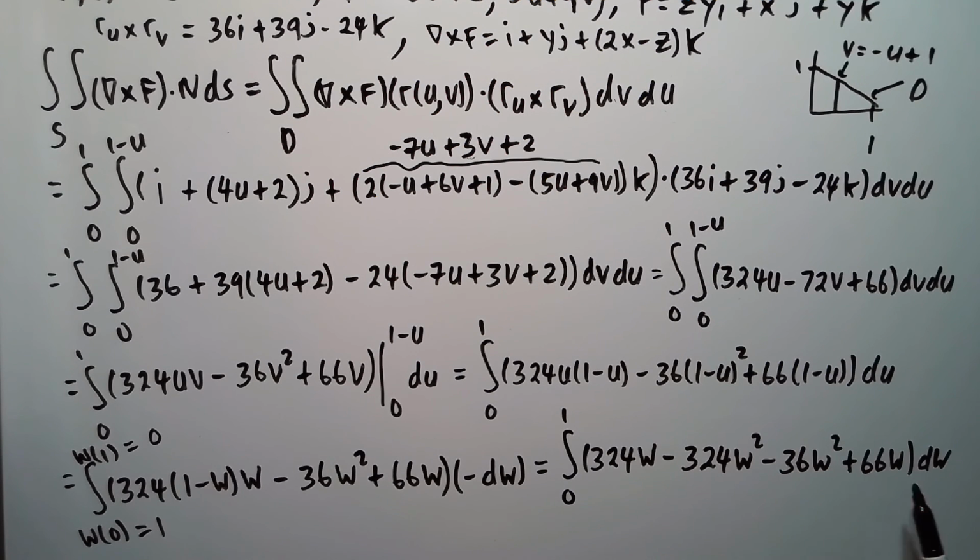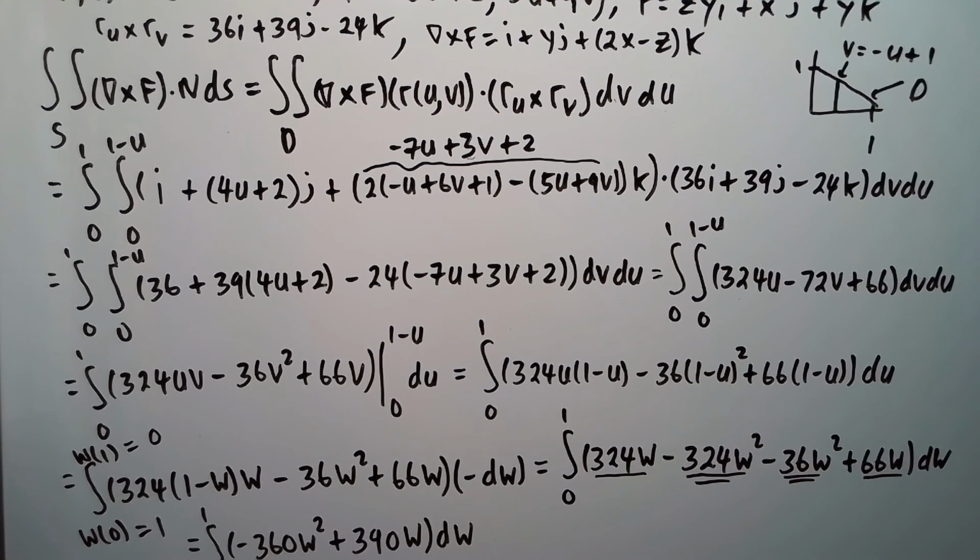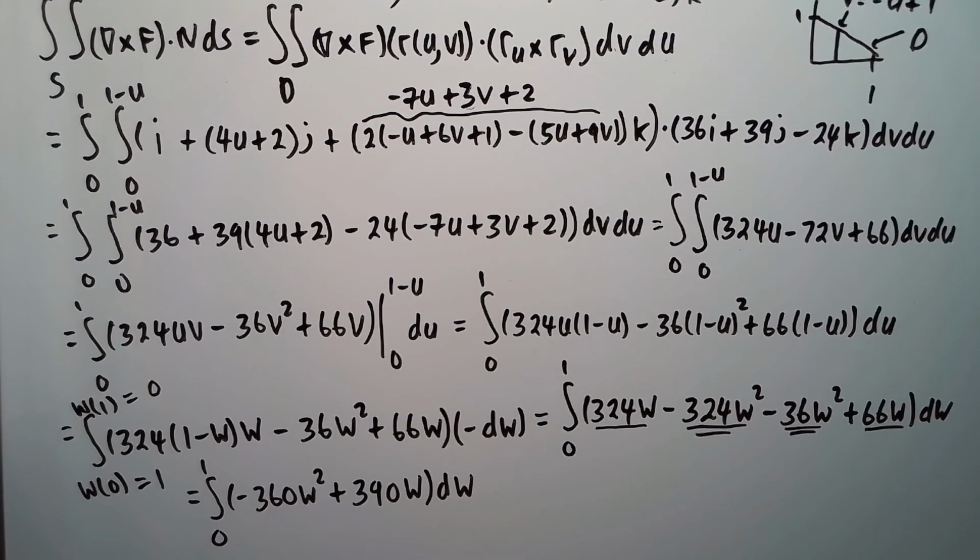So we get this then. I also multiply the 324 in. Now I can combine the 324w with the 66. That'll give me 390w, and then combining the 324w squared with this guy here, that'll give me minus 360w squared. So we get this: the integral of negative 360w squared plus 390w.